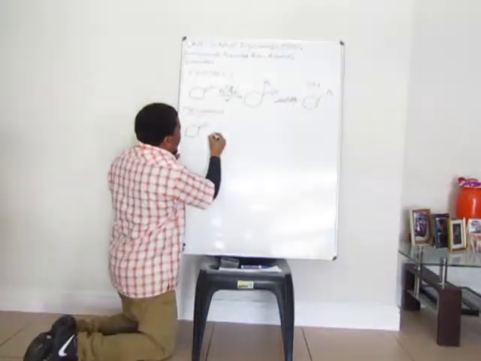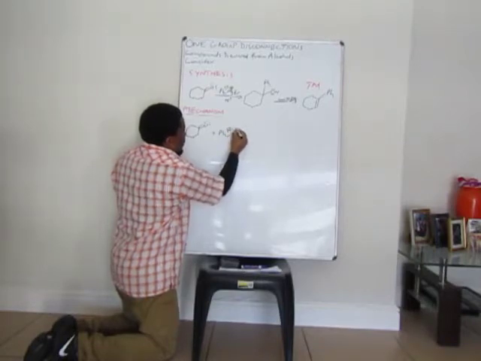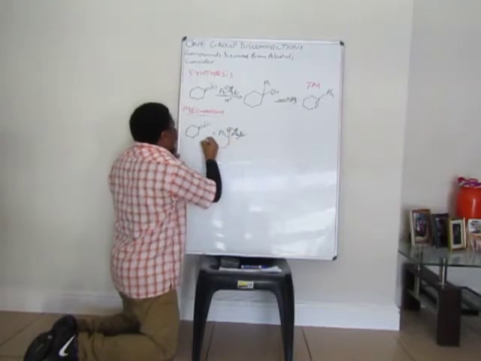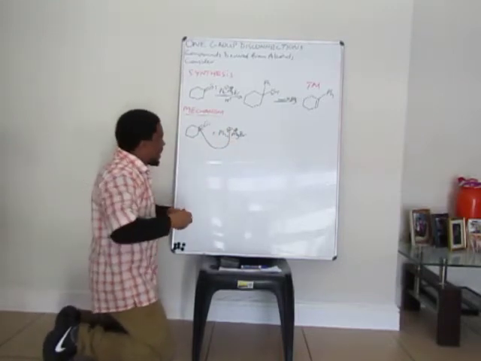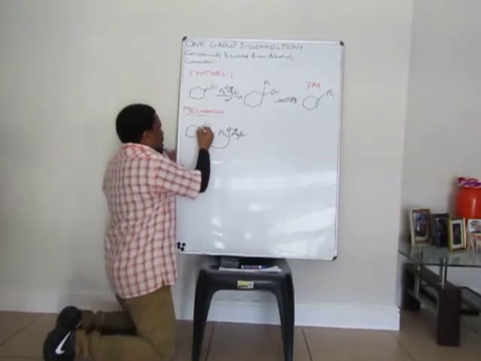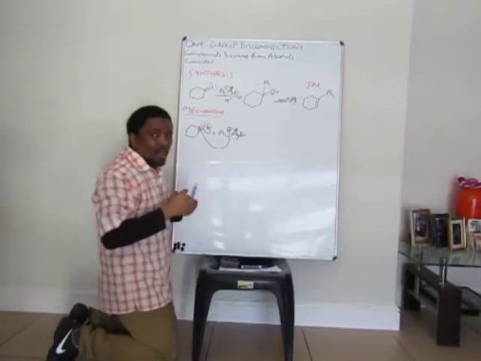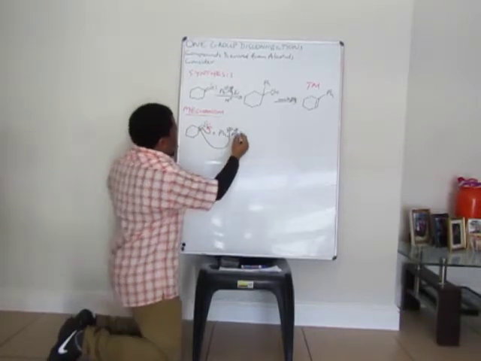In this case, we've got our phenyl group with MgBr, which will come over and attack at the electrophilic center. The electrons here are pushed towards the more electronegative atom.